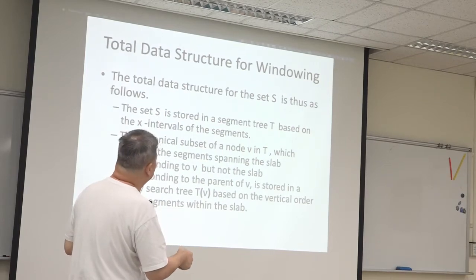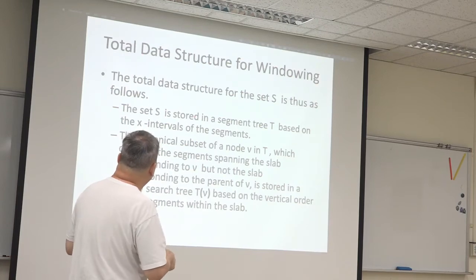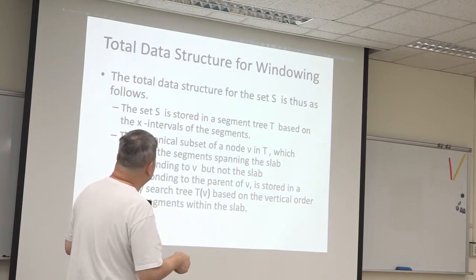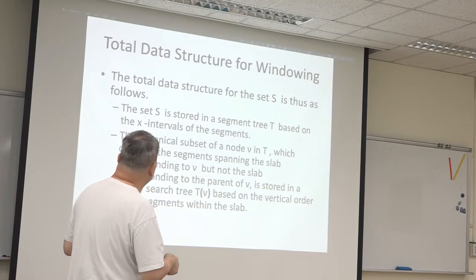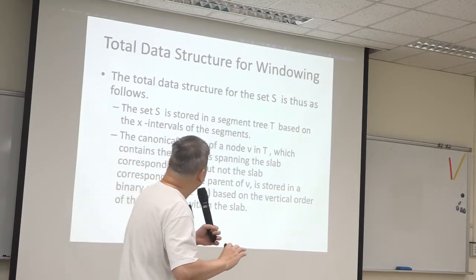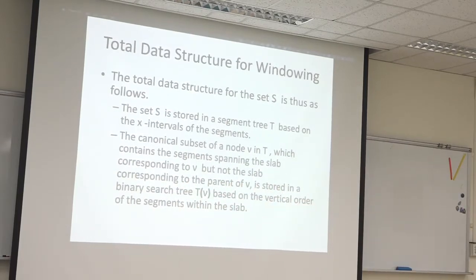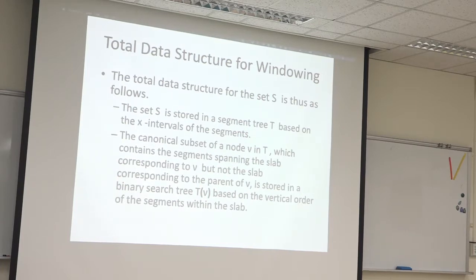The total data structure for the set S is thus as follows. The set S is stored in the segment tree T based on the X interval of the segments. By the way, let me again remind you: if at least one endpoint of your segment falls inside the window, we can use the range tree to deal with that.